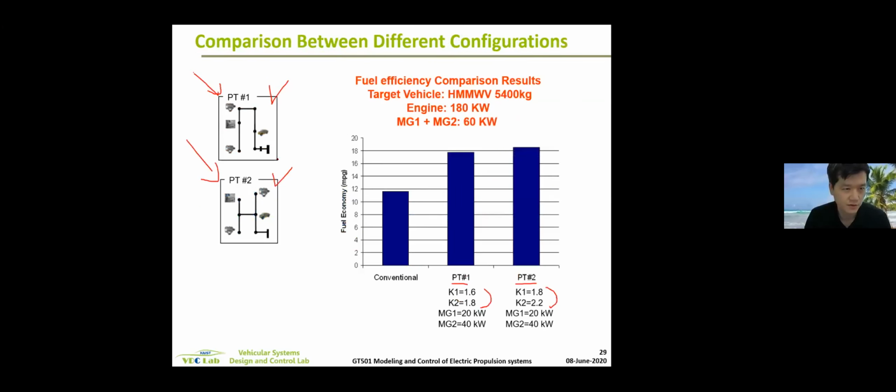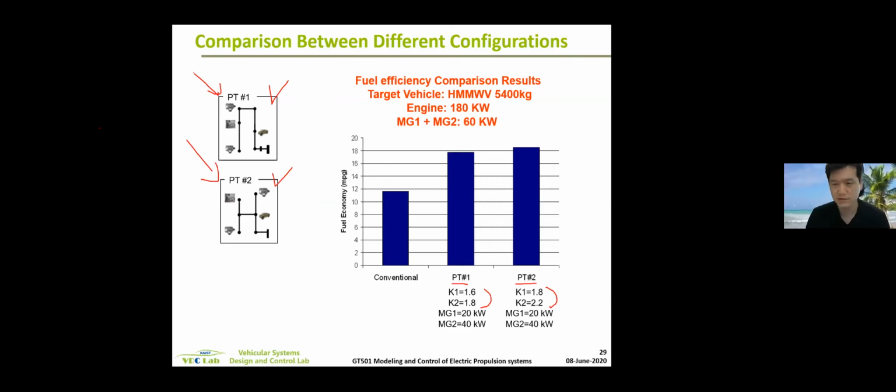So this is configuration. We are comparing two configurations. Let's say we also fixed component size. Then we are left with gear ratio and optimal control, right?